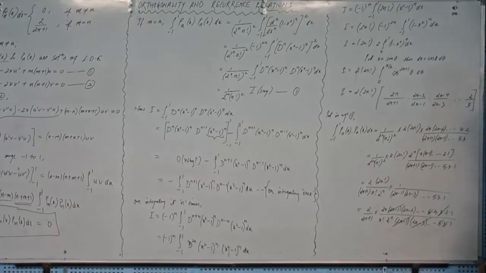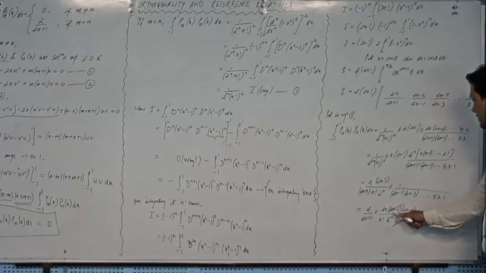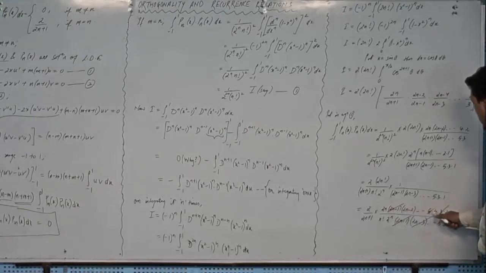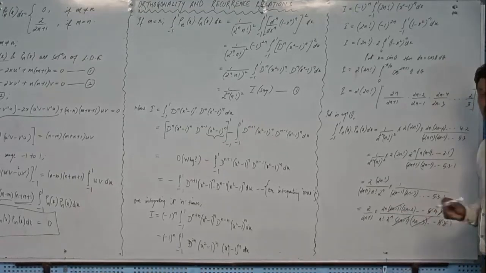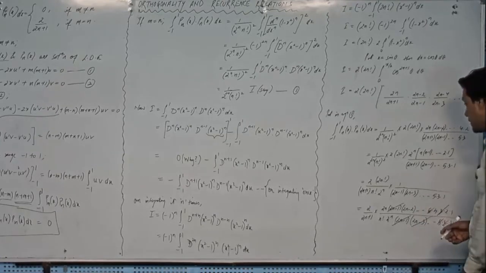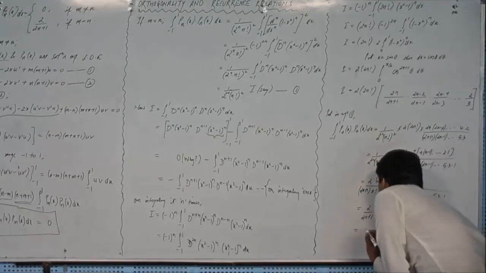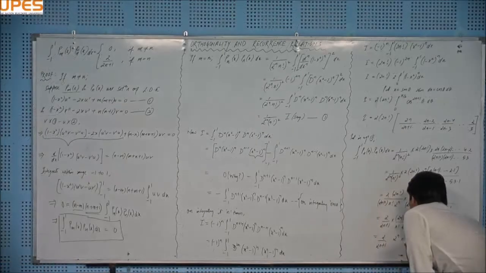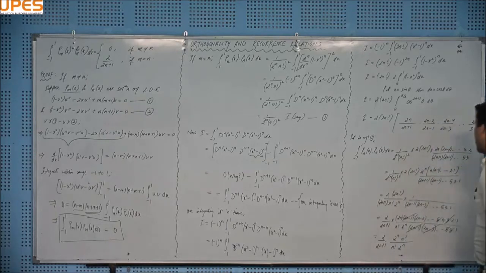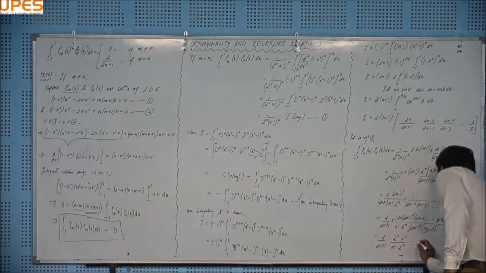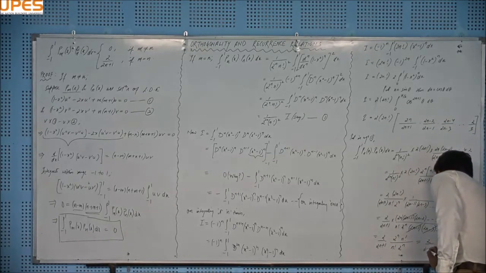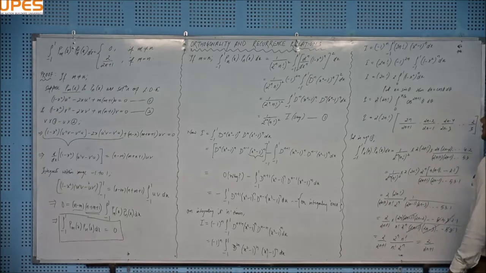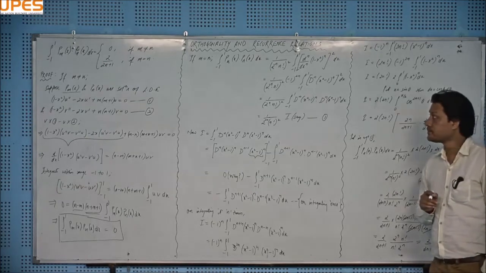So you will be left with these even factors, and how many are these? n factors are there, so 2 to the power n will be taken common, and that should be 2 to the power n and n factorial, right? On cancellation it will give you 2 by 2n plus 1, right? So this is a proof of that orthogonality condition in the case when m is equal to n.